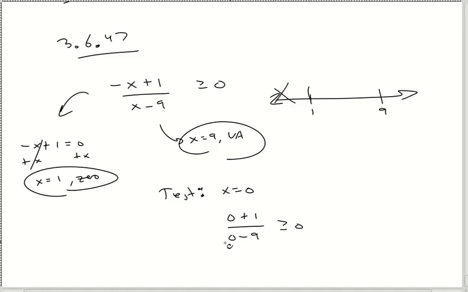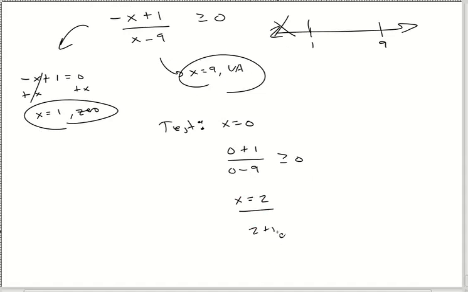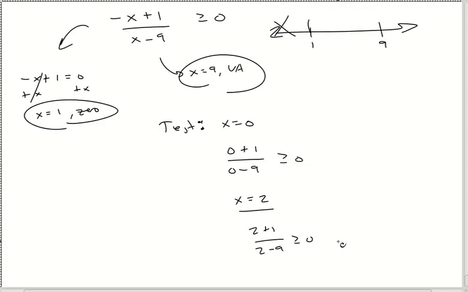Okay. And then what's an easy number between 1 and 9? Let's say 2. 2 plus 1, 2 minus 9. Is that greater than or equal to 0? Hold on. Wait. Did I write something down wrong? Oh, yeah. It's a negative. Right there.